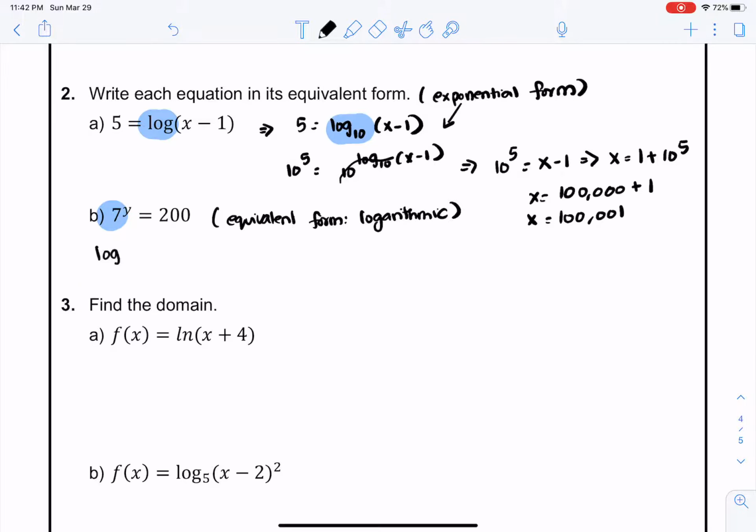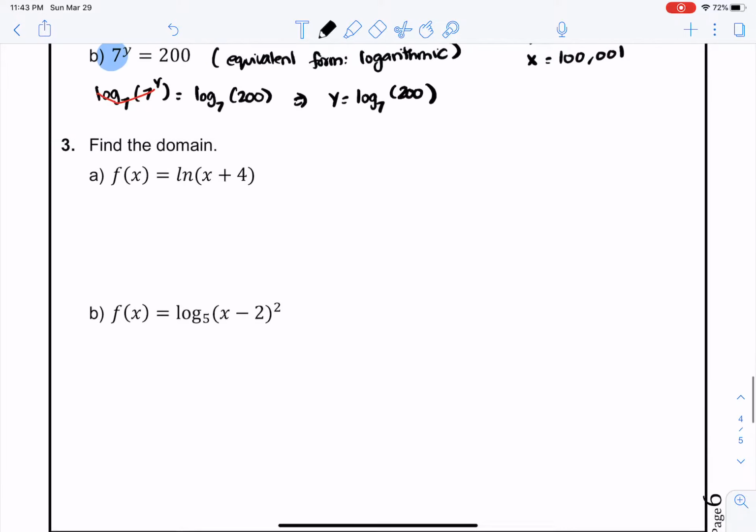So log base 7 of 7 raised to y equals 200, and those two sort of go away, and we'd have y equals 200. Sorry, that's bad math. If we take log on one side, we have to take log on the other side. So log base 7 of 200, which would imply y equals log base 7 of 200.